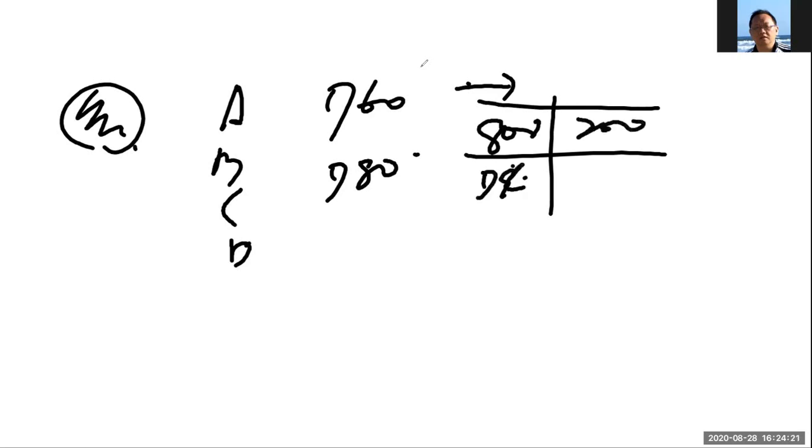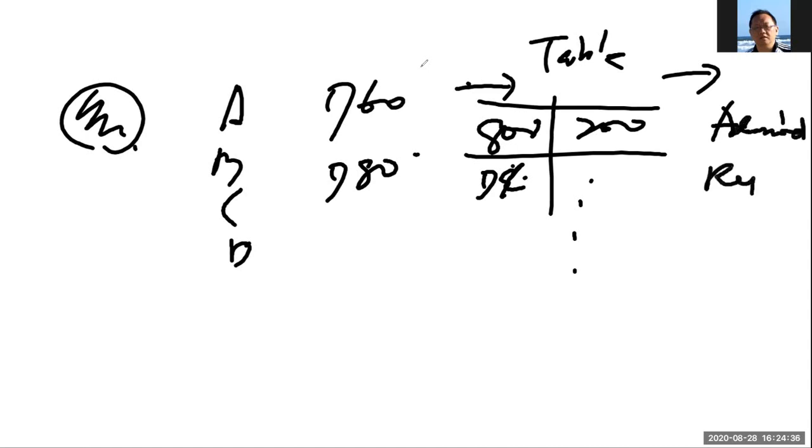So there is more data over here. There is a table, right? And then there is a decision we made: admitted or rejected, or waitlisted. So there may be a code called A, R, W, something like that, okay?